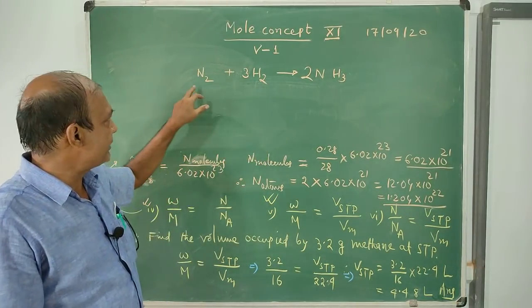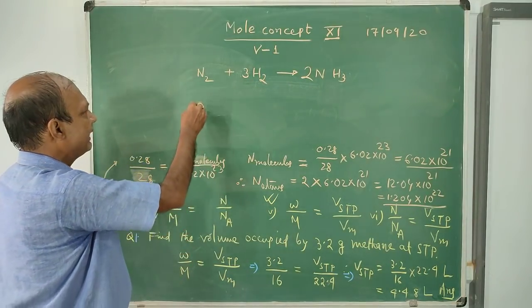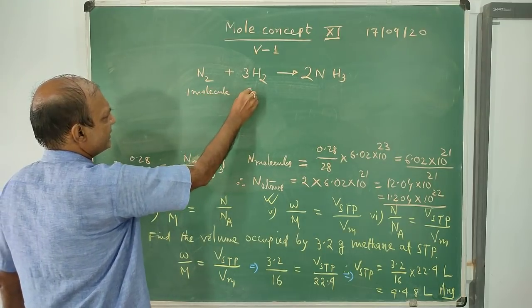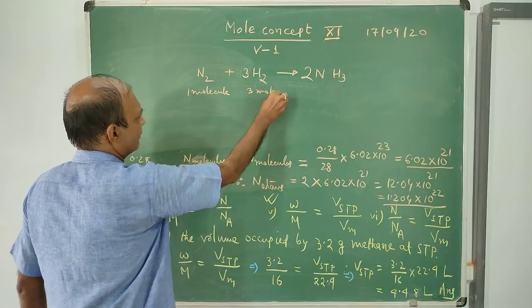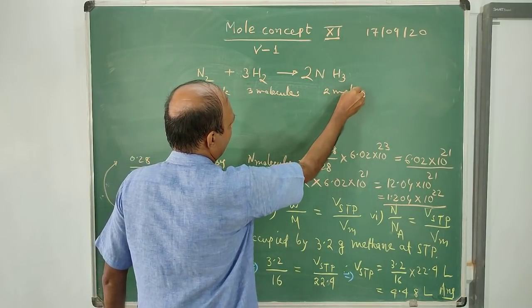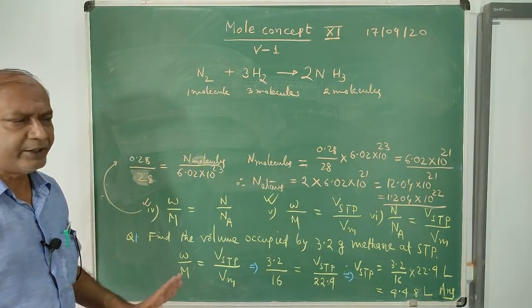Now the new concept is 1 mole, 3 moles, 2 moles. How and why? This is 1 molecule, this is 3 molecules, and this is 2 molecules.